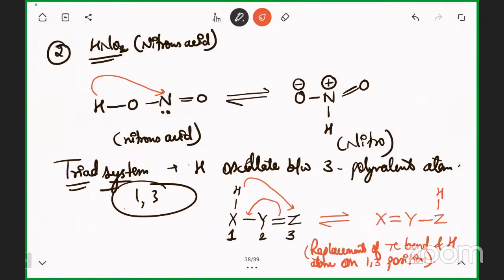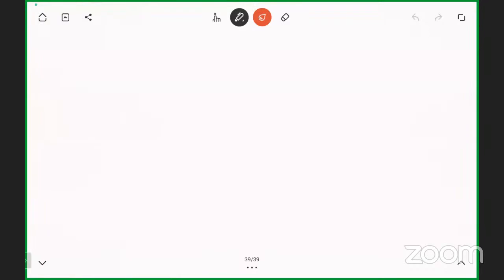First, this much you got what I want to say. What I want to convey is that hydrogen will transfer from the first to the third atom. Got it? We'll consider the atom which is having the hydrogen as the first one, and the rest will be the second and third. Okay, so you can see one example.